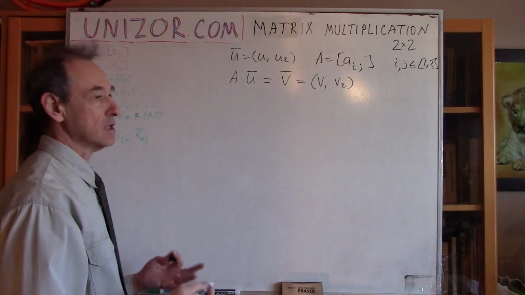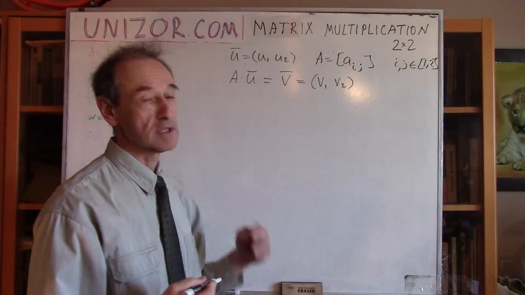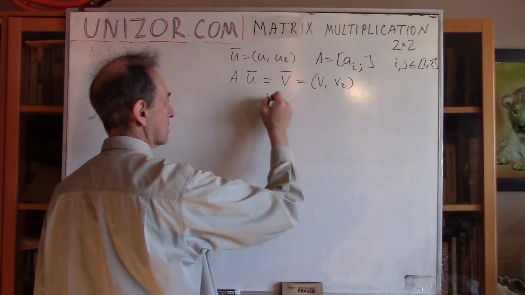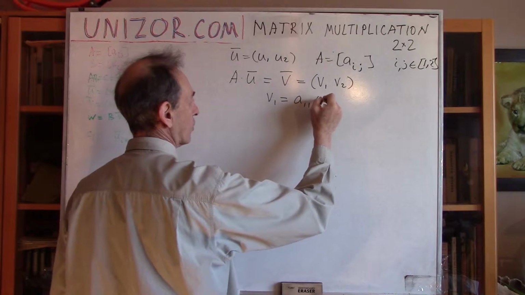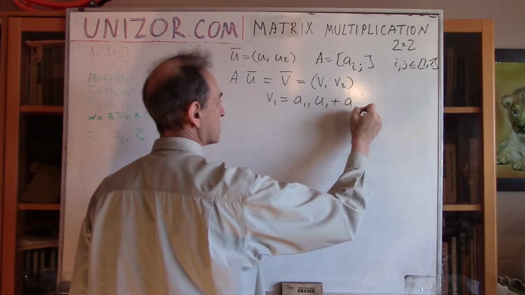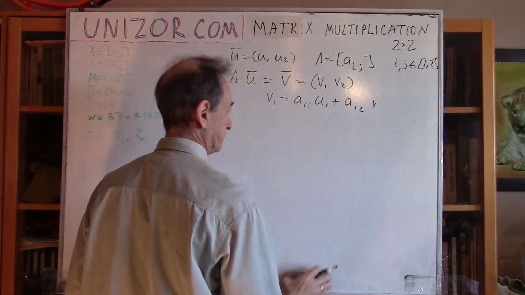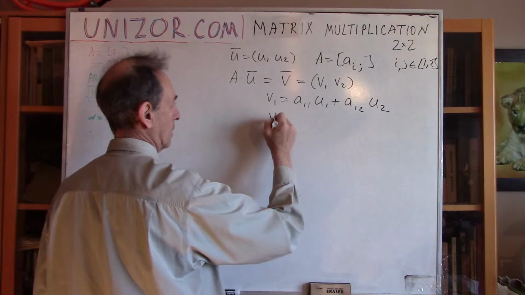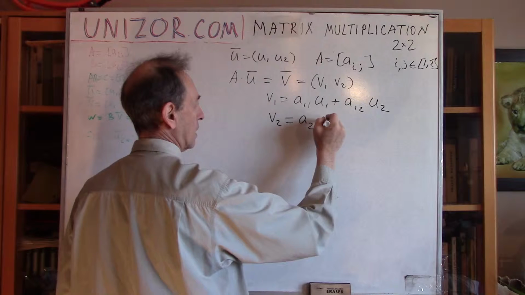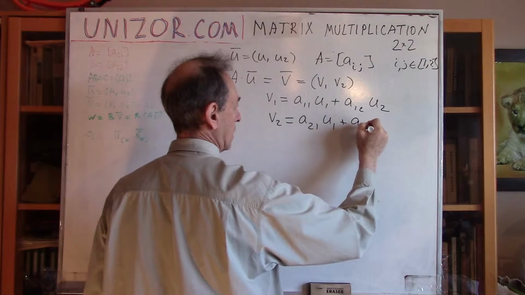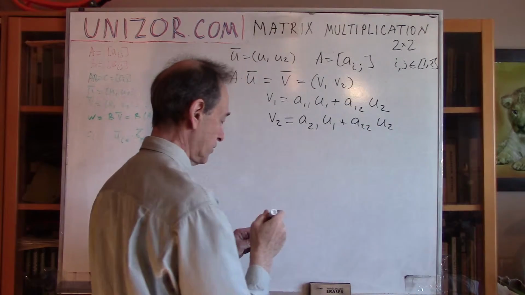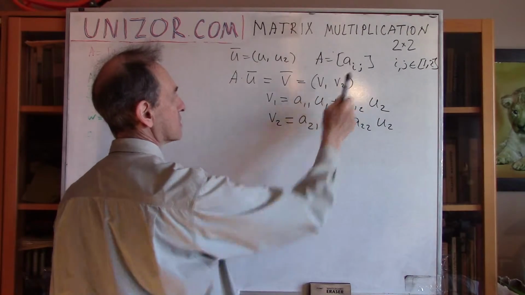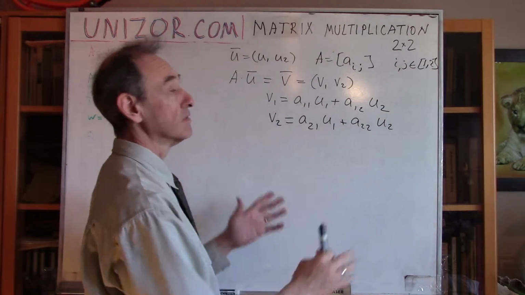Now, how are the coordinates of the vector v expressed in terms of u and matrix A? Well, this is something which we have already done many times. That's how coordinates of the vector u are related to coordinates of the vector v using the linear transformation described by the matrix A. So this is given to us.